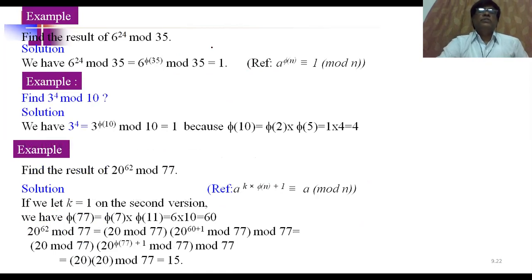Now let's check another example: find the result of 6 power 24 mod 35.